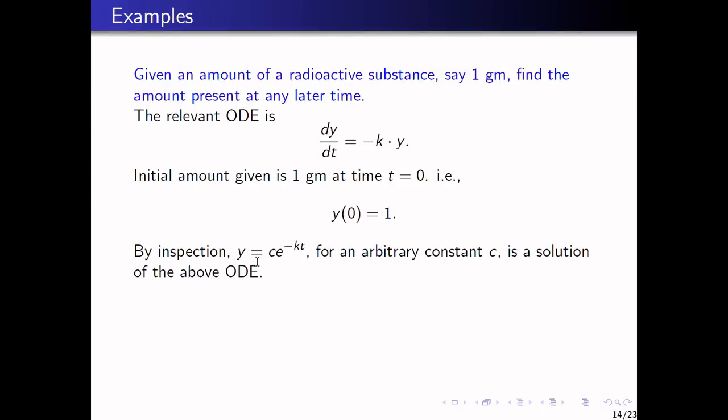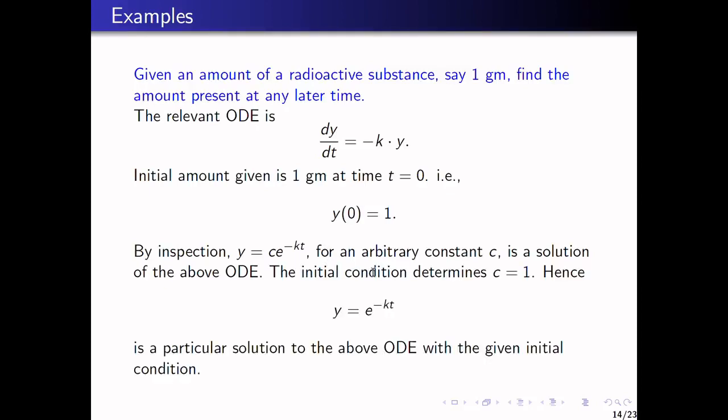So we get 1 is equal to c times e raised to 0, that is 1 is equal to c times 1. So c is equal to 1. Hence, the differential equation has a solution y is equal to e raised to minus kt, which is a particular solution which satisfies this initial condition y0 is equal to 1. So this particular solution which satisfies the initial condition does not have the constant c.